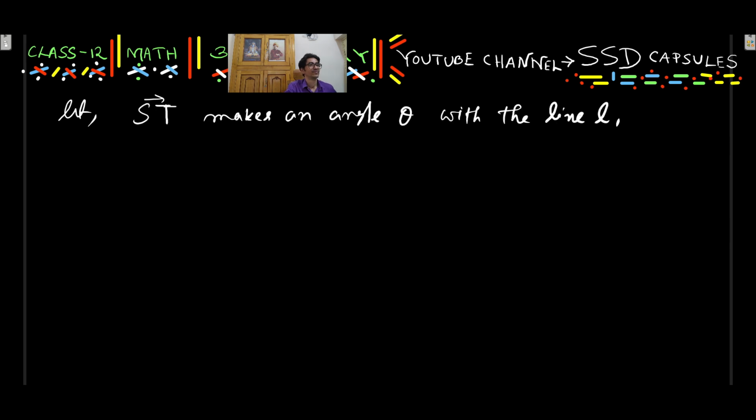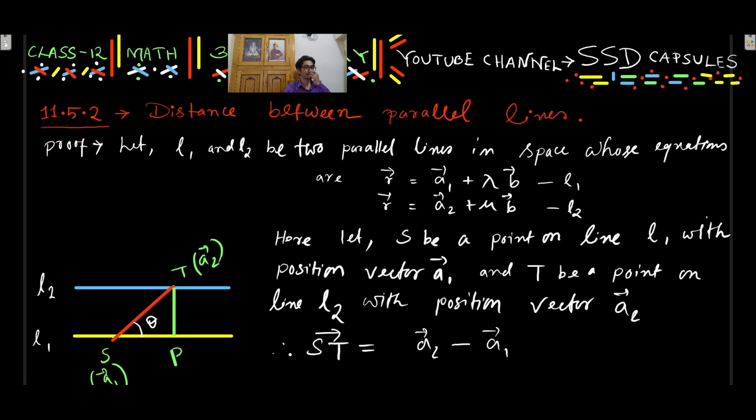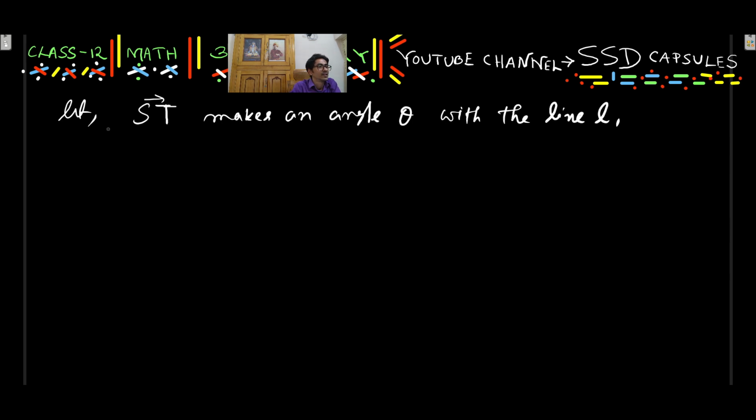Next, here line L1 is parallel to b vector, because the equation of line L1 is r vector = a1 vector + lambda times b vector.